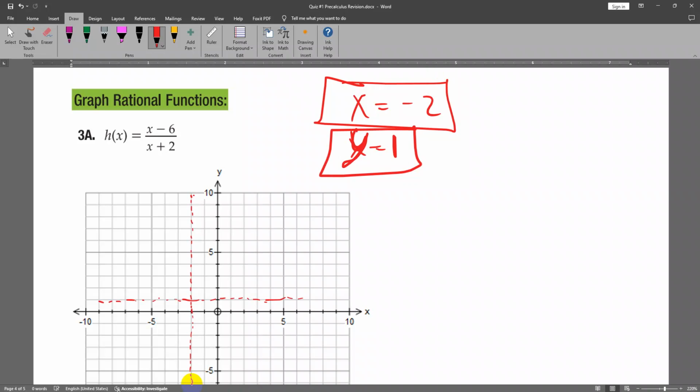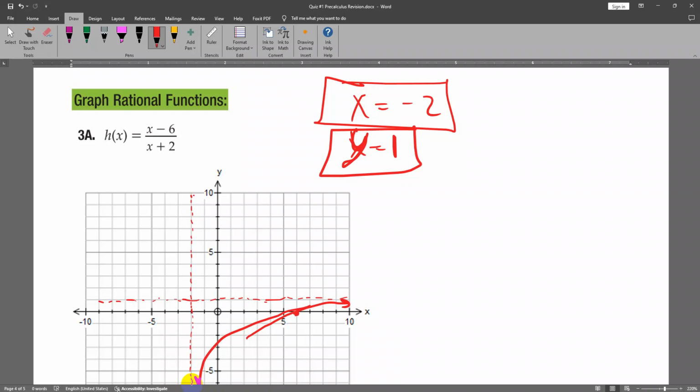Right now we need to determine which two quadrants we will draw this rational function. The zero here is 6. We have a zero here, so it should be like this. Okay.